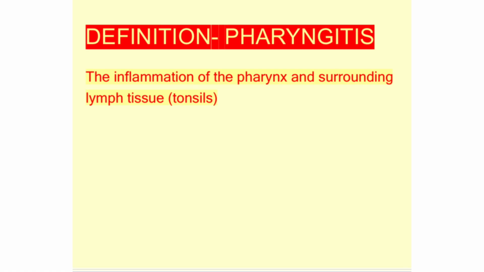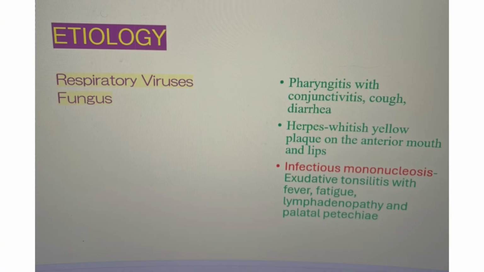All these areas are going to be red and inflamed in viral pharyngitis, while in bacterial pharyngitis there will be tonsillar exudates, which you're going to see in the pictures in the next slides when we discuss pharyngitis clinical manifestations.